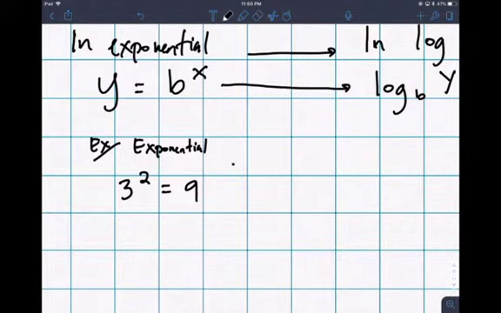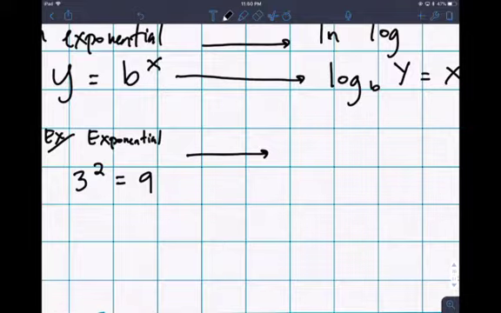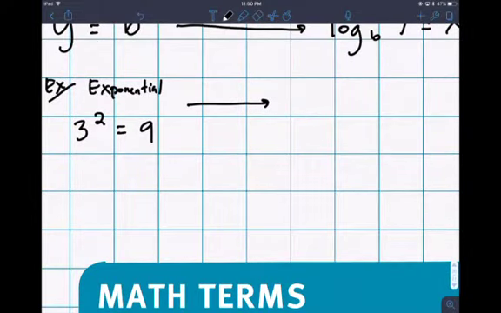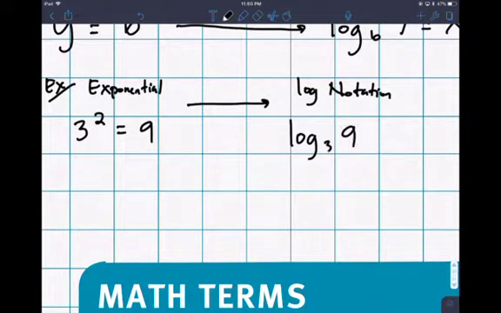If I write this using log notation, this is the same thing as log base 3 of 9 is equal to 2. So notice the way we write it. 3 to the second power equals 9, so here I'm saying log base 3 of 9 is equal to 2.